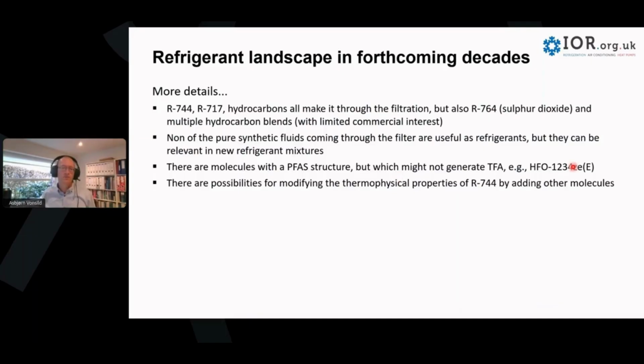One of these could be 1234ze, where there is a strong reason to suspect that the TFA generation is actually 0%. On the other hand, it does have a structure that would be banned if we use the OECD definition of a PFAS. And then we also spot some CO2 blends where it's mainly CO2, but they modified the thermodynamic or thermophysical properties by adding other molecules.